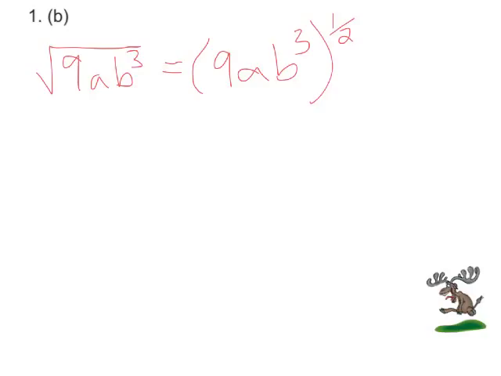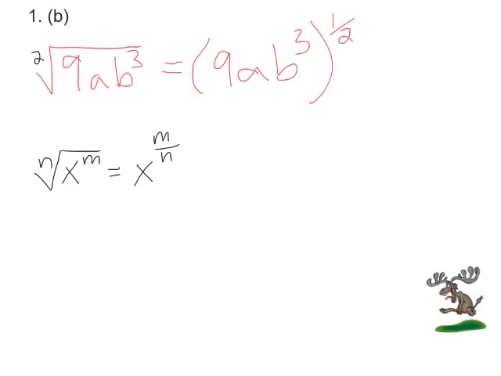As a quick aside, the idea is if you have this property, we can rewrite it as x to the m over n. And since we're taking the square root, our index is a 2. So that index right there moves to the denominator of our exponent.